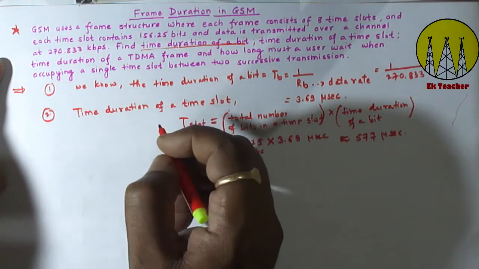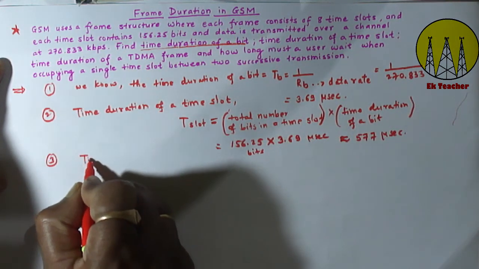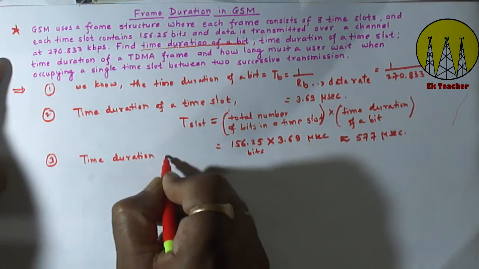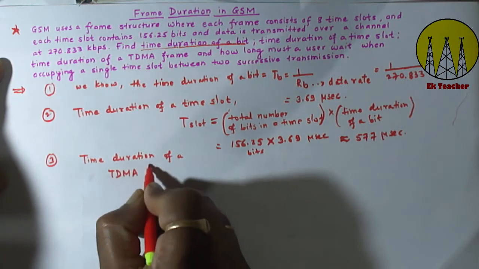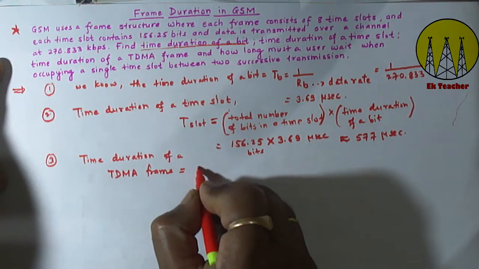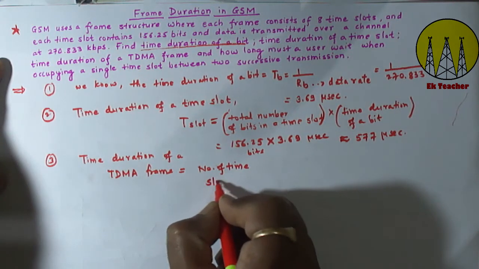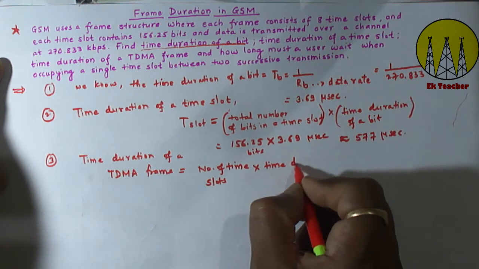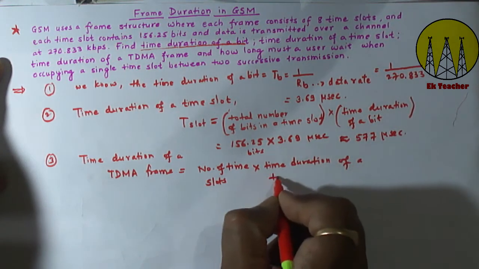Now the third thing you have to find is the time duration of a TDMA frame. The time duration of a TDMA frame is equal to the number of time slots in a TDMA frame multiplied by the time duration of a time slot.